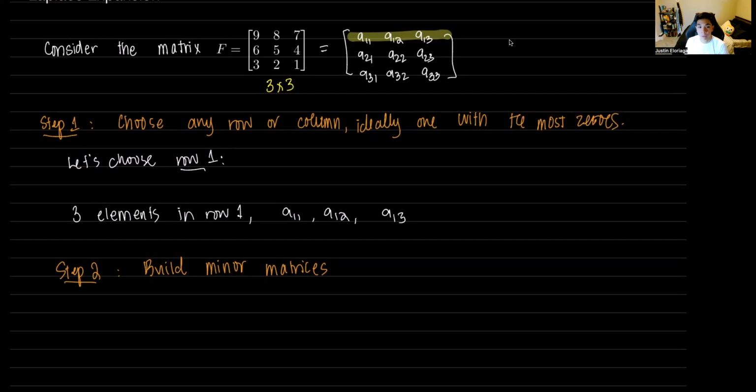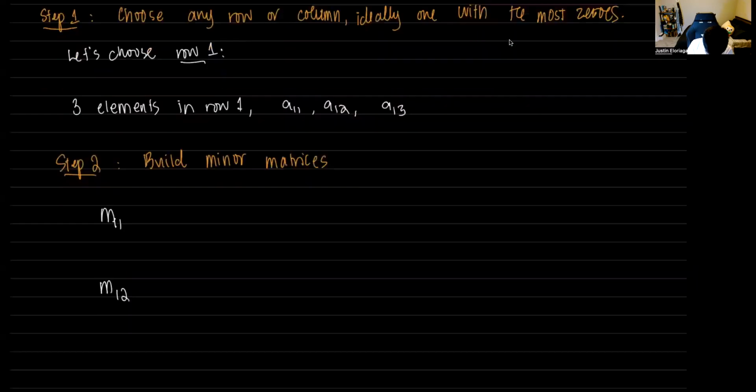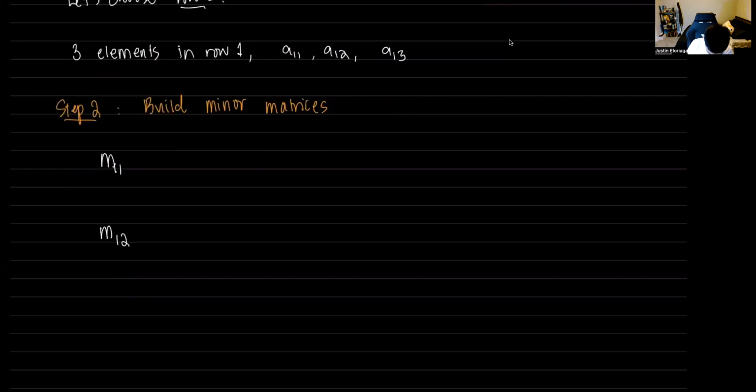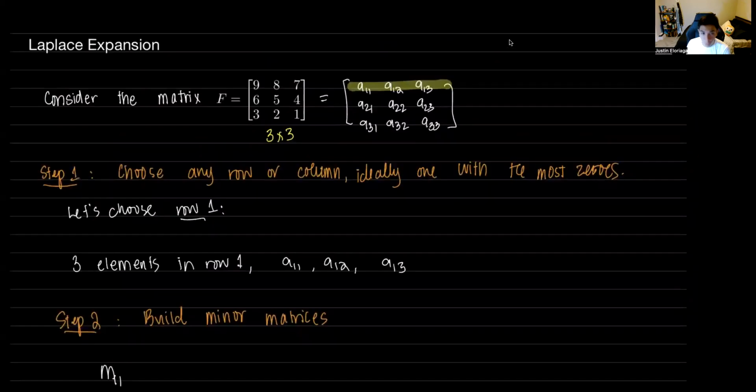Our choosing of row one has 3 elements, so we will have 3 minor matrices. We denote a minor by M, so we have M11, M12, and M13. So how do we get M11?